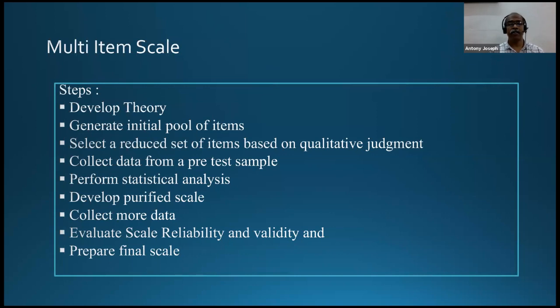Another step is to select a reduced set of items based on qualitative judgment. I have already told you, after the development of a pool of items, there should be some content validation process. You yourself should validate the content.